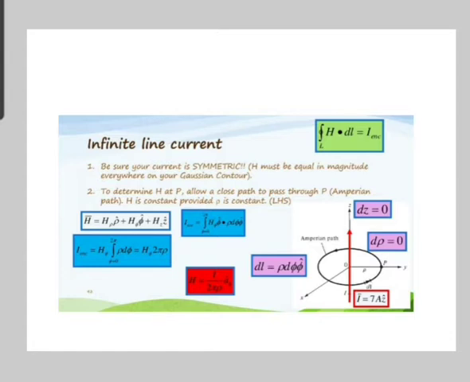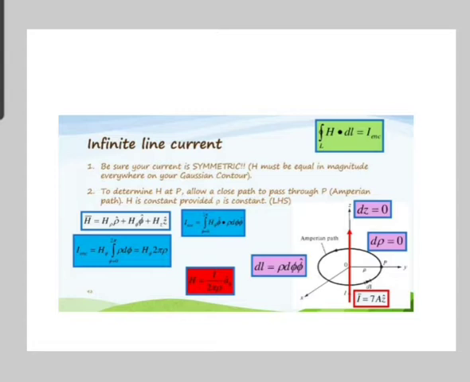So to determine H at P, that is the field intensity at point P, we have to allow a closed path to pass through P. So K is equal to I by L ampere per meter.